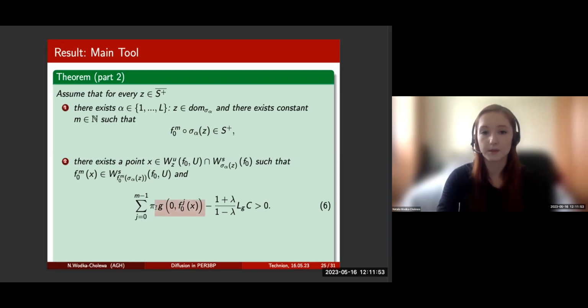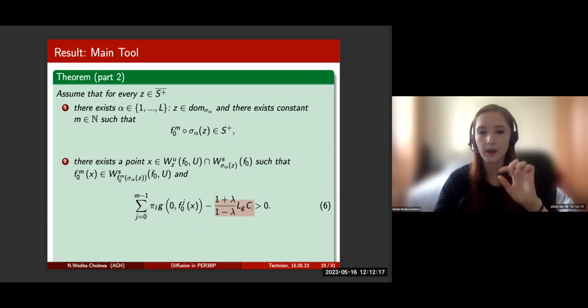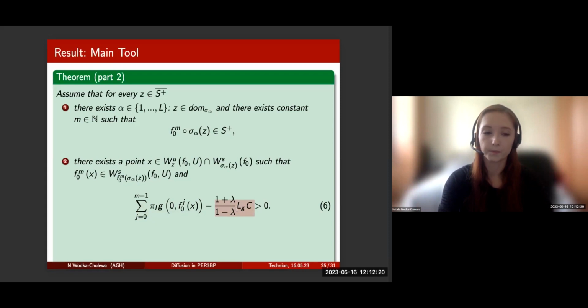So this sum is like a Melnikov sum. It represents the Melnikov integral, and these are the things that are hard to calculate. When you calculate the Melnikov integral, you have a hard time bounding it, you calculate the main value, and you have to calculate everything, and this helps you approximate what is left to calculate, and this is the main value.